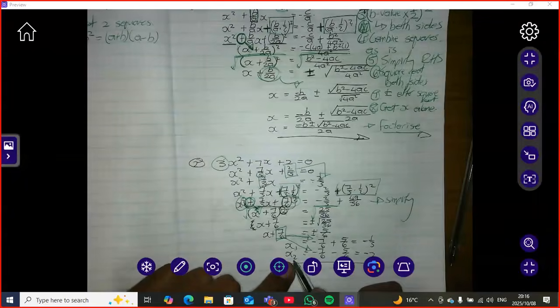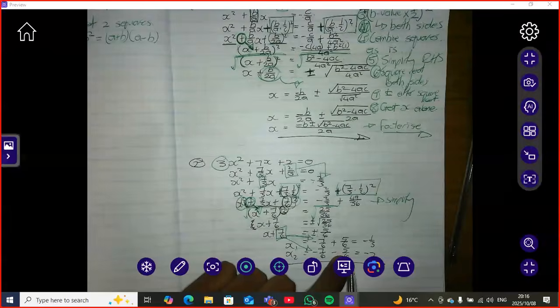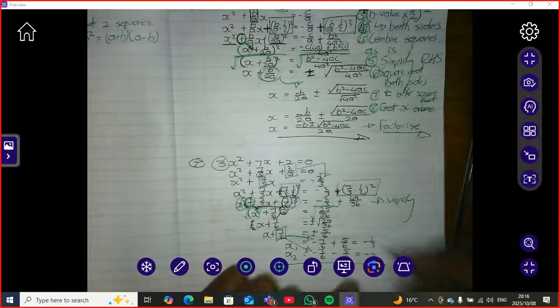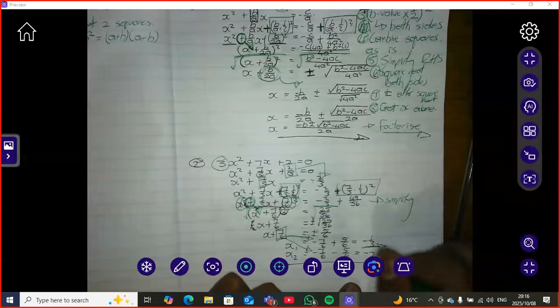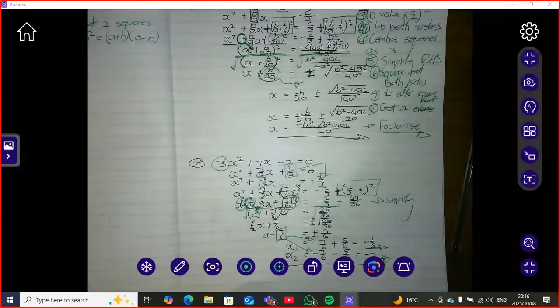And my x2 would be negative 7 over 6 minus 5 over 6. Then I get two answers, this one and this one here. The steps will follow through no matter what you are given.